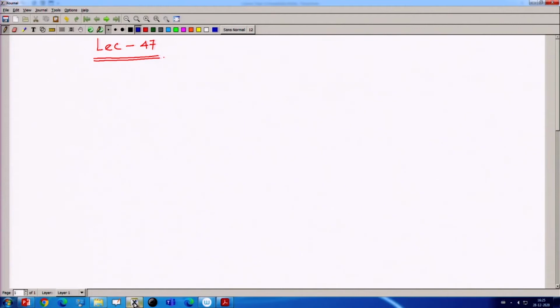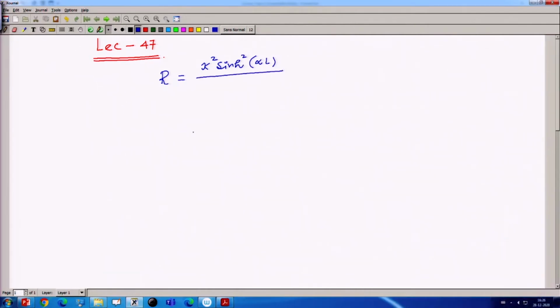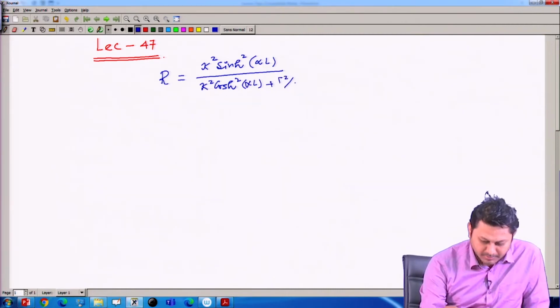So, if you remember, we found the expression of the reflectivity R for the grating as kappa square sinh square alpha L, where L is the grating length, divided by kappa square cosh square alpha L plus gamma square by 4.